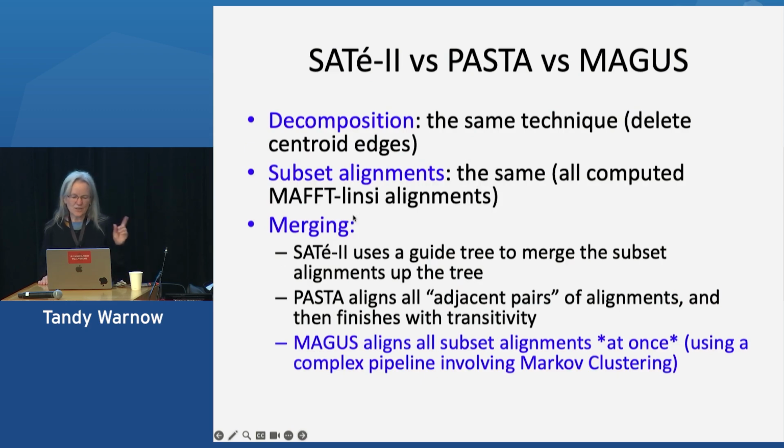So SATE2 versus PASTA versus MAGUS, they actually have the same decomposition technique, which is different from SATE1. They're dividing into small subsets, and each subset is of a maximum size. And then SATE2 is using the guide tree to merge them up. PASTA is taking the same subsets, but it's aligning pairs of them. So if you have subsets of size 100, now you're making subset alignments of size 200.